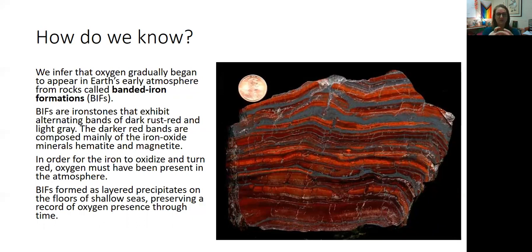And these dark rusty red bands are composed of mainly iron oxide minerals called hematite and magnetite. Now, hematite and magnetite, they can turn red when they oxidize, but in order to oxidize, oxygen must be present in the atmosphere. So when we see banded iron formations, or BIFs for short, when we see BIFs in the rock record, we know there had to be oxygen in our atmosphere.